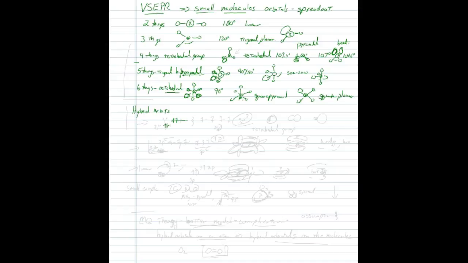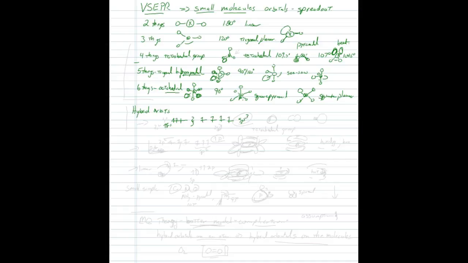What you can do is promote one of these lower level electrons up here. There's a sacrifice in energy, but you get symmetry out of it. And what you do is you change into four equivalent hybrids, which we call sp3 hybridization.